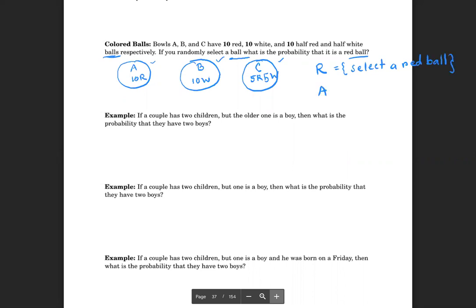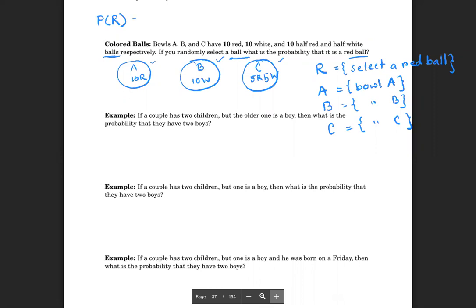A is the event that you selected from ball A. B is the event that you select ball B, and C is the event that you select ball C. Now you randomly select a ball, and what is the probability of having a red ball? So in essence, what it is asking is to find the probability of selecting a red ball.